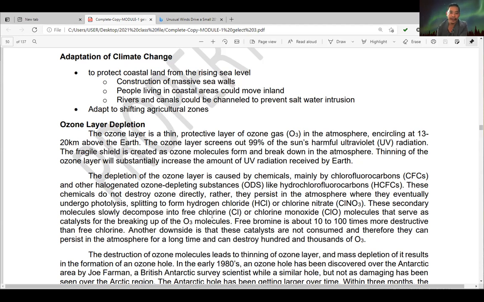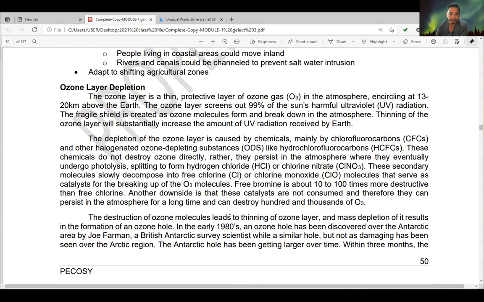So the bottom line is that the ozone layer is still very thin, and if we can find ways and means to mitigate its depletion, that would be very promising.